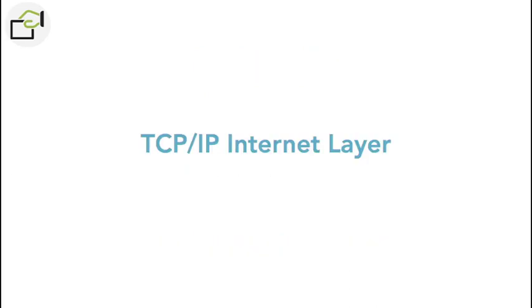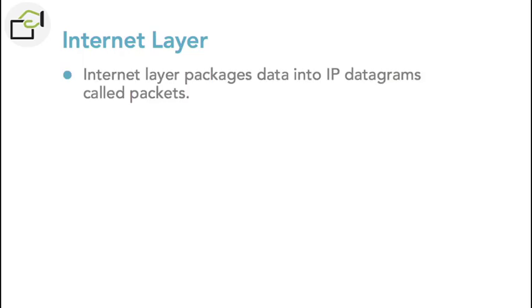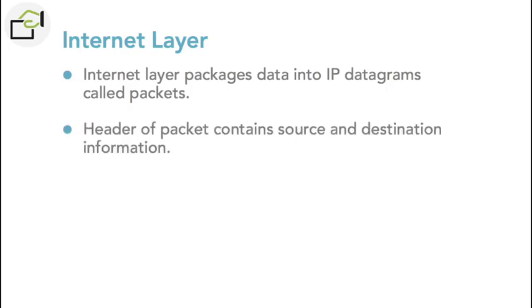The next layer we want to look at is the internet layer of the TCP/IP model. The internet layer is responsible for taking the data and converting it into an IP datagram called a packet. Once the internet layer has created a packet, it then creates a header for that packet that contains the source and destination information needed to move that packet through the network.